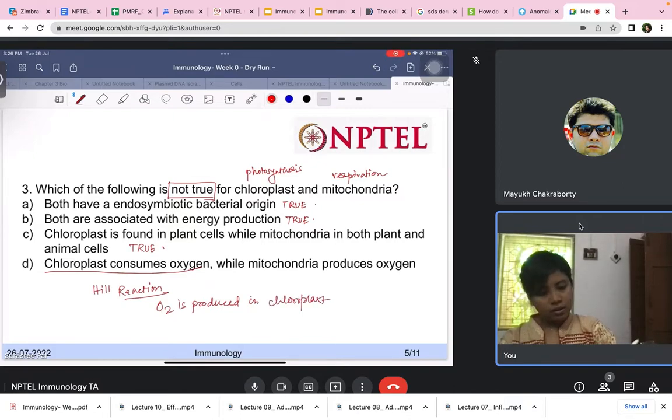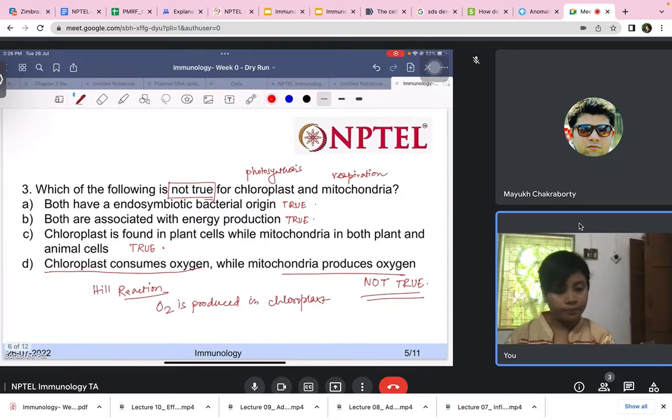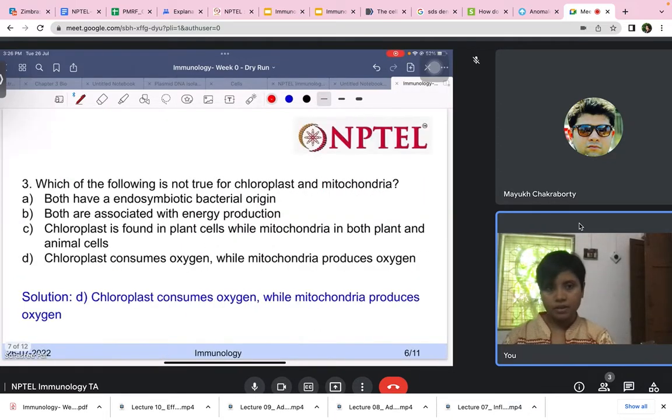So "chloroplast consumes oxygen" is a wrong statement, while "mitochondria produces oxygen" is also a wrong statement, because in mitochondria cellular respiration takes place and cellular respiration uses oxygen. So this statement is not true. We can say here that the correct option will be option D, solution D.